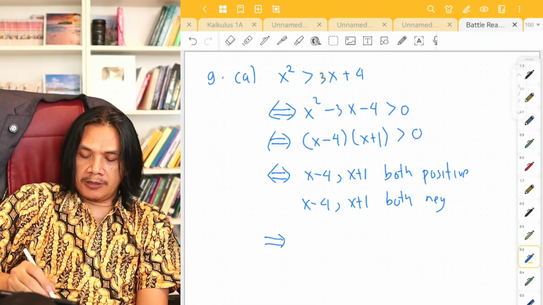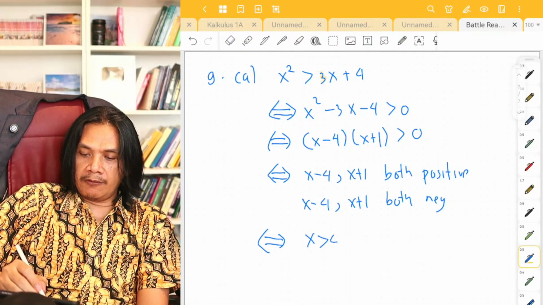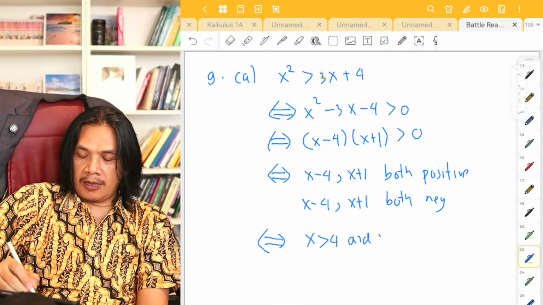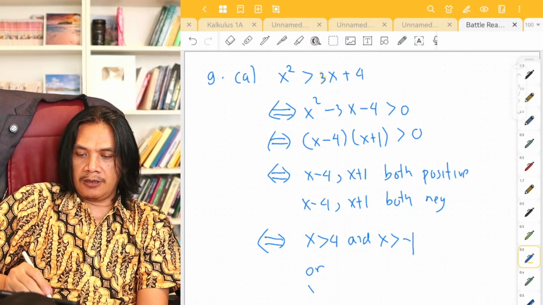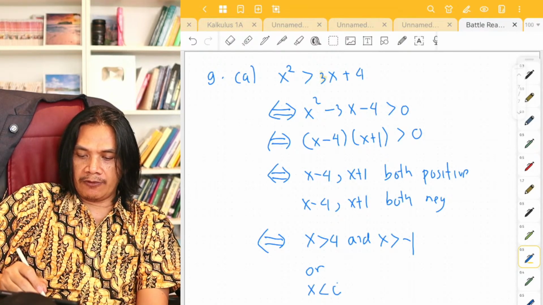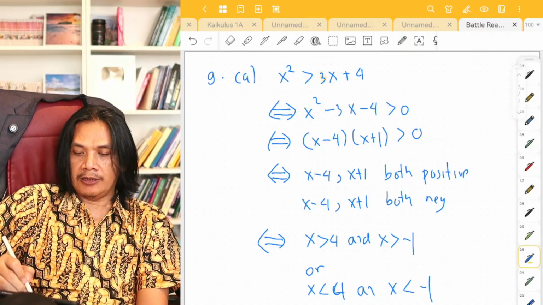So on the first one, x is bigger than 4 and x is bigger than negative 1, or x minus 4 is less than 0, which is x less than 4, and x less than negative 1.